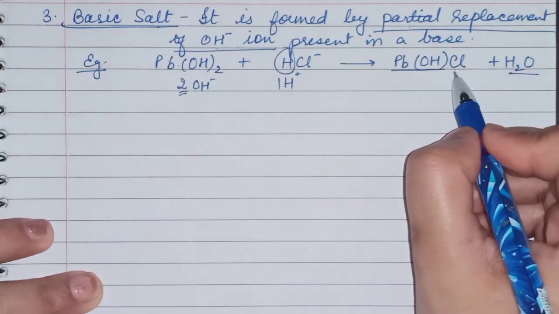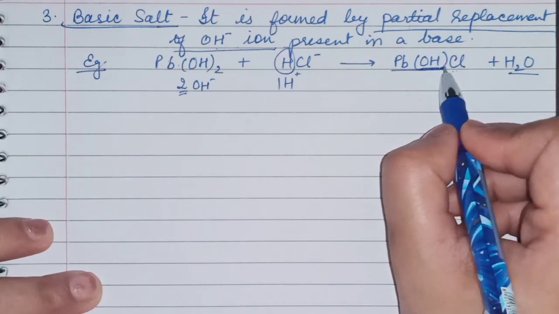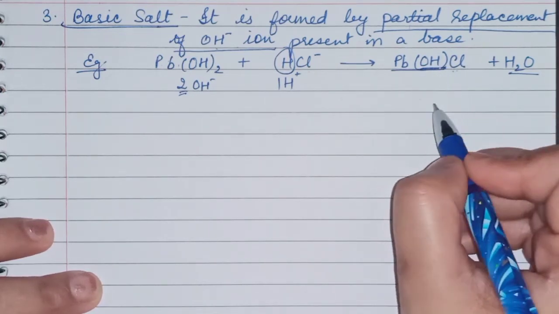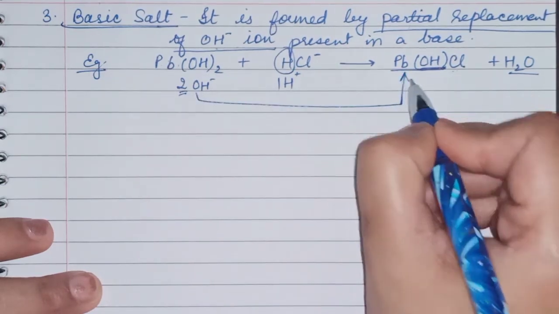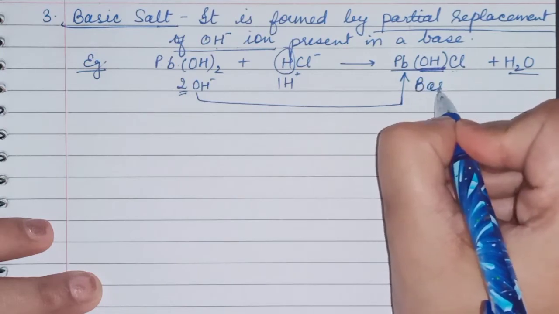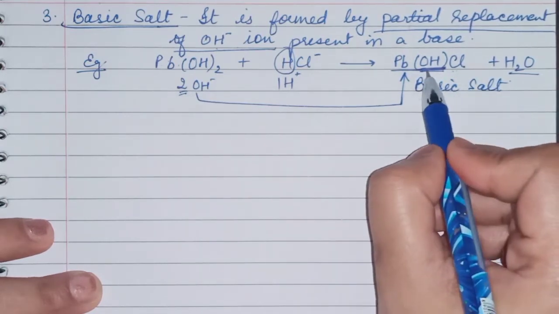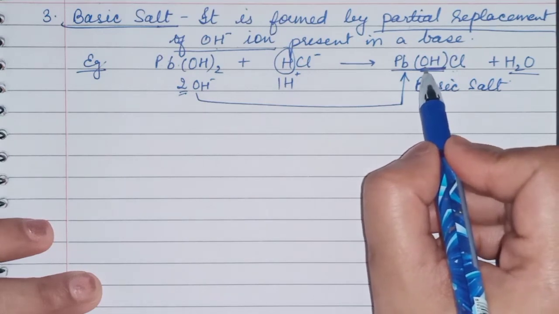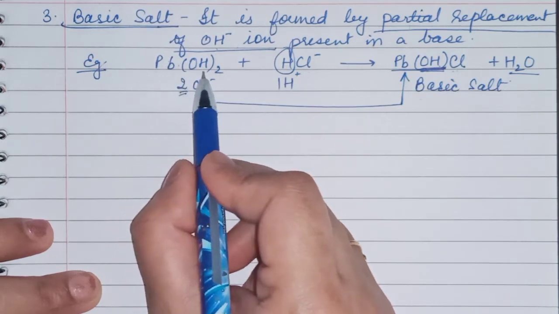So 1 OH is with lead, that is PbOH, and 1 Cl minus ion is there, so it will form PbOHCl. When this OH is present in the salt, it will show basic property, and that is coming from the base. That's why it is a basic salt. Clear, children? Why is it basic? Because it has OH in it, and that OH is coming from a base.